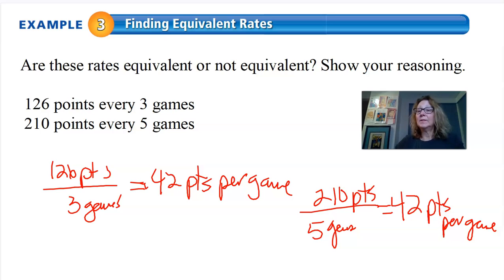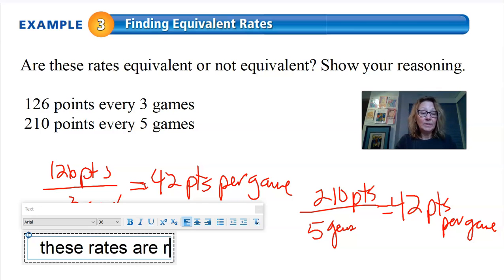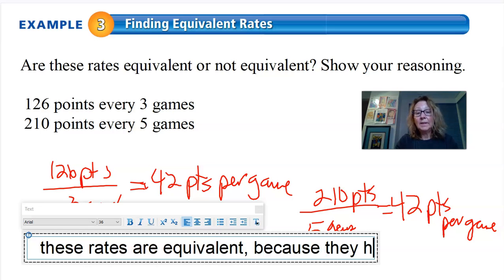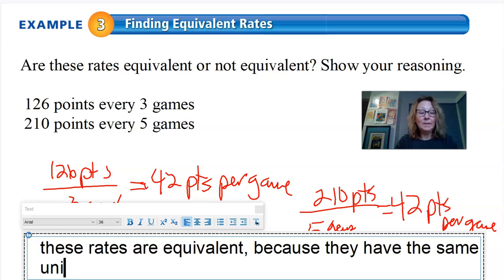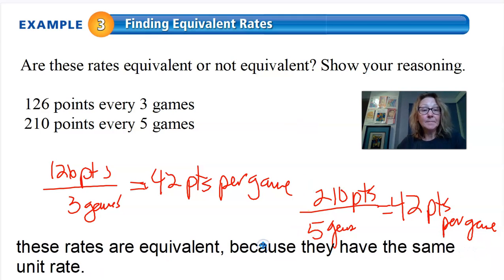So here's what I could say, and I'm just going to go ahead and type this in. These 3 are equivalent because they have the same unit rate, right? We calculated the unit rate. If they have the same unit rate, then the rates are equivalent.